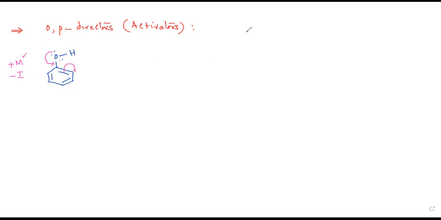So this carbon. Now, we get a negative charge here because this carbon is gaining the electrons.